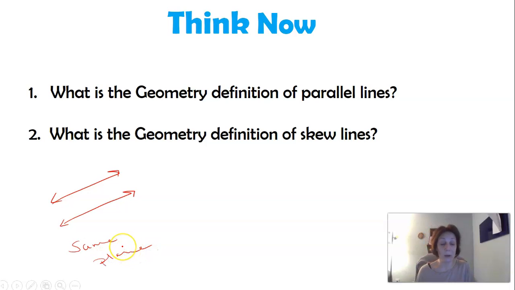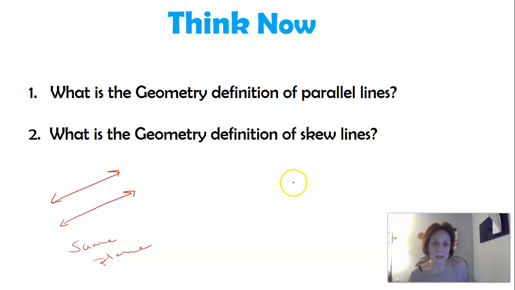In other words, they are both on the same sheet of paper, or they're both on the same wall, or they're both on the ceiling or on the floor, whatever. They're both in one two-dimensional space. That's different from skew, because in skew lines, they still don't cross, but they're not in the same plane, right?